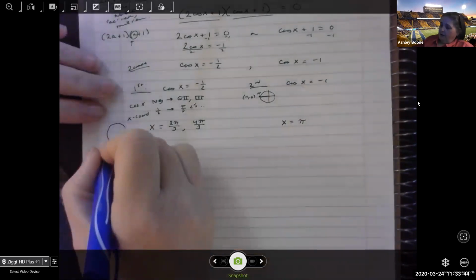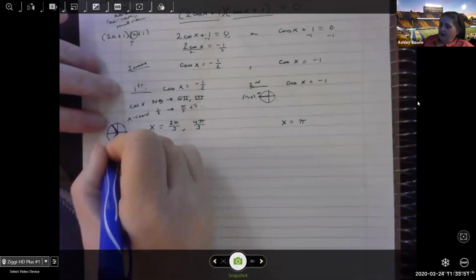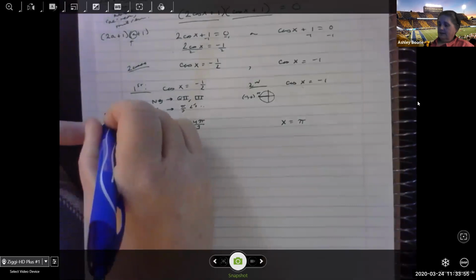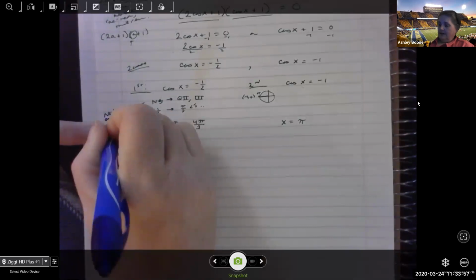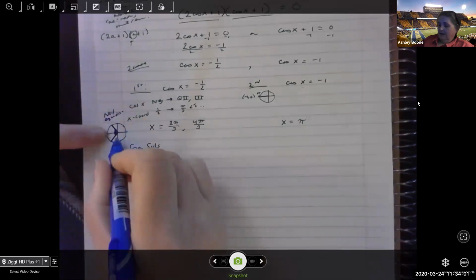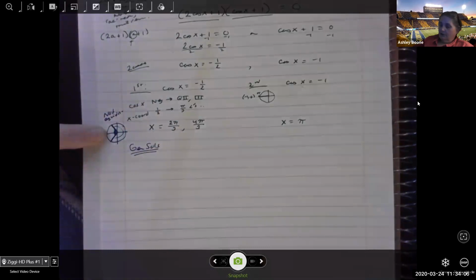What happens? Well, think about this one here. 2 pi over 3 is right here. 4 pi over 3 is right here. They are not equidistant. Okay? This difference between the two is not the same as this difference between the two. So I'm going to have two different general solutions here.